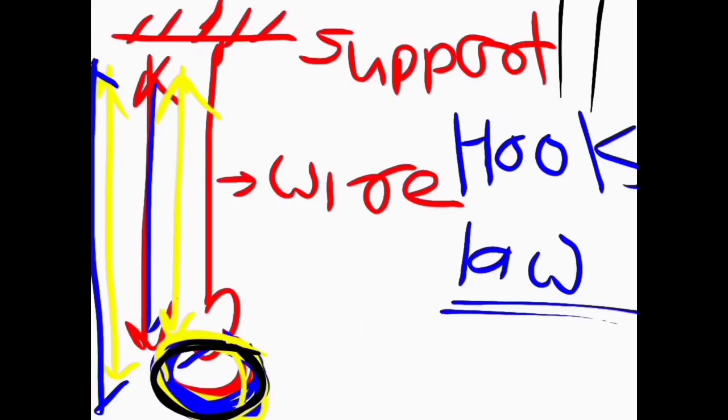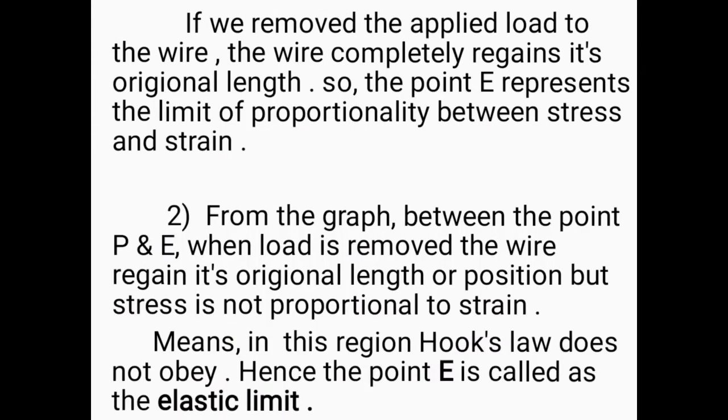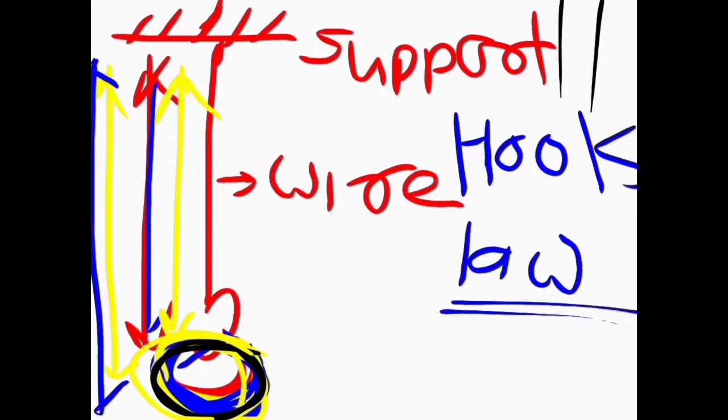I have explained ना. वेट ऐड करें तब हमारा आफ्टर रिमूवल ऑफ द वेट वो वायर इट्स ओरिजिनल पोजीशन रिगेन कर रहा था. देन यहाँ तक वो उसकी पोजीशन रिगेन करेगा. मीन्स इस रीजन में हमारा स्ट्रेस इज डायरेक्टली प्रोपोर्शनल टू द स्ट्रेन है. OK, next from the graph, if we add some more weight here, it doesn't get its original position, but it has elastic nature na.